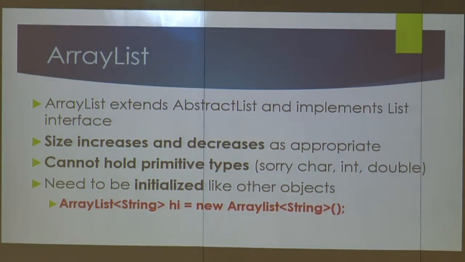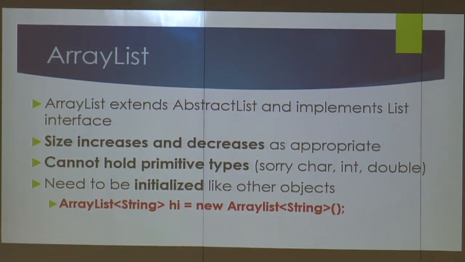And similar to other objects, since they are a reference type, they need to be initialized. So we need to call the ArrayList constructor in order to actually have memory associated with our ArrayList and start using it in our program. In the bottom line there, I have an example of declaring and then instantiating an ArrayList object.